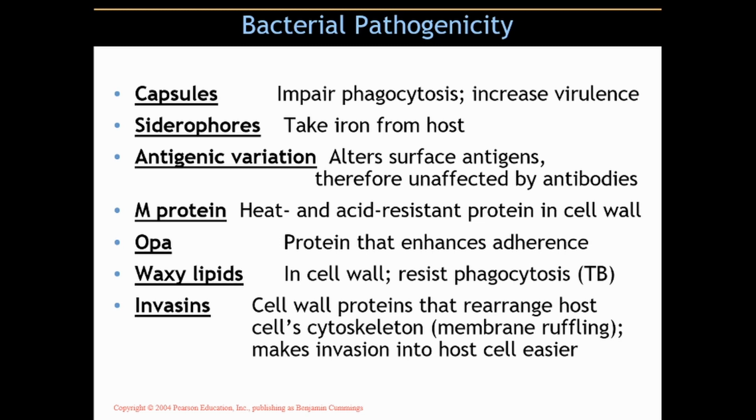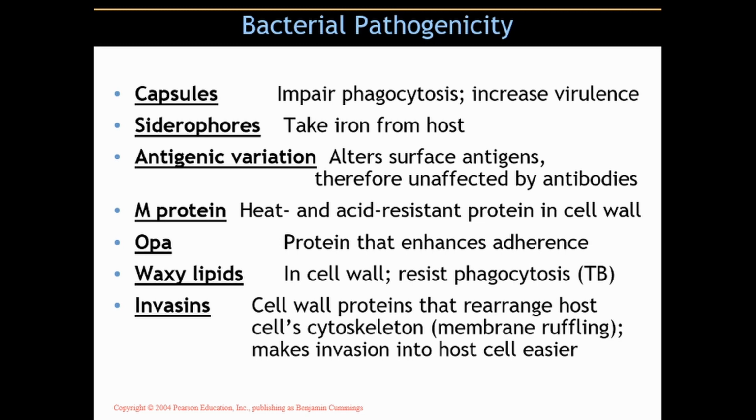The waxy lipids prevent phagocytosis because the enzymes cannot break down these lipids, and so the bacteria can survive and live. They have invasins, which are, again, proteins. Everything seems to be based on proteins, and of course it would be, because that's what the genetic code is there for, to lead to the production of proteins.